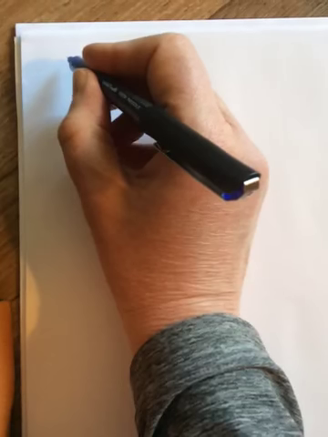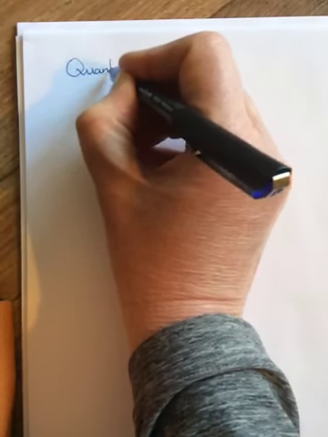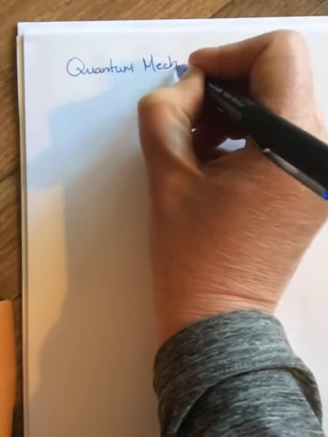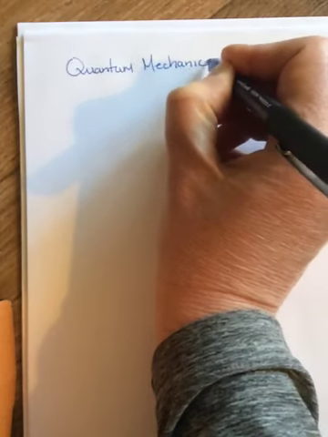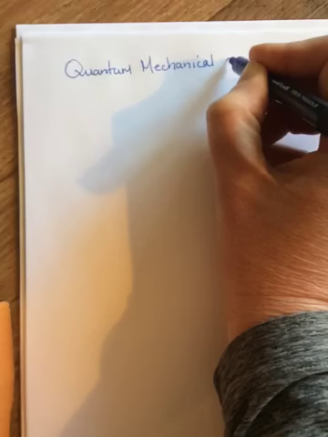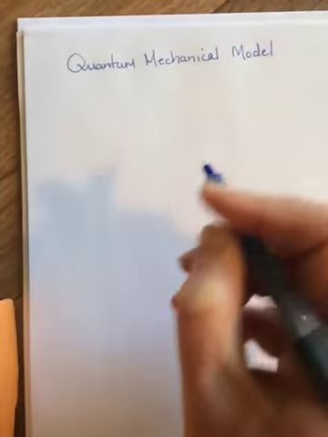Anyway, this next model is called the quantum mechanical model. And so we're moving into quantum mechanics. Sorry, I can't write mechanical and say mechanics at the same time.